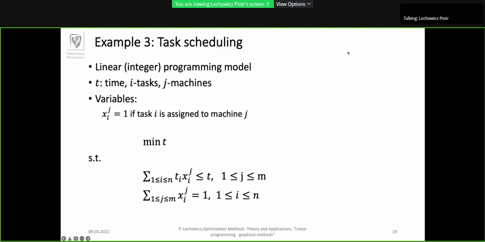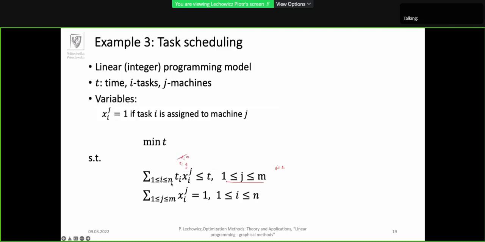So in other words, we are iterating over each machine. So first we consider the first machine, J equal 1, and we compute the sum of times of tasks assigned to this machine. So if a task is assigned to this machine, it's equal to 1, we multiply it by the time required for this task. If it's not assigned, it's equal to 0. So the time required for this task doesn't matter.